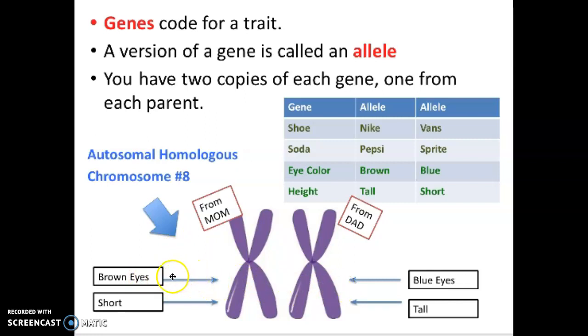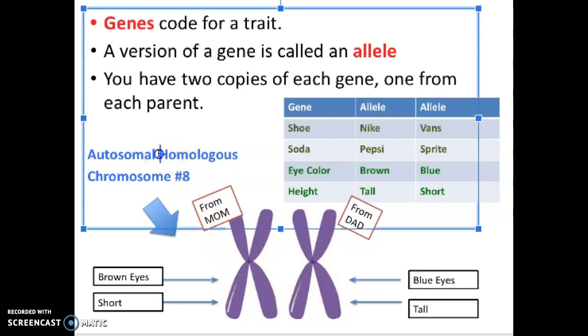So the gene for eye color should be present in a similar location here and here as well. However, the alleles might be different. So this gene might code for brown eyes, and this gene might code for blue eyes. And then this gene down here might code for short, and this gene right here might code for tall. Okay, so the alleles might be a little different, but the genes are pretty much the same.